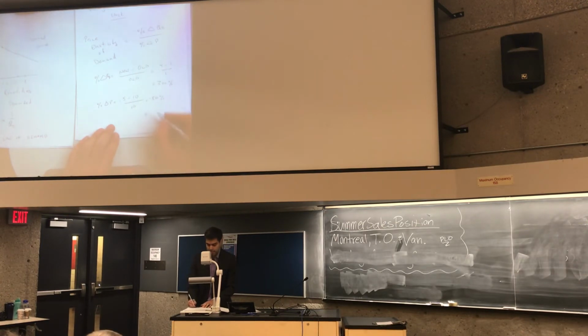So our elasticity is 300% over negative 50%, which is 300 over 50, negative 6.